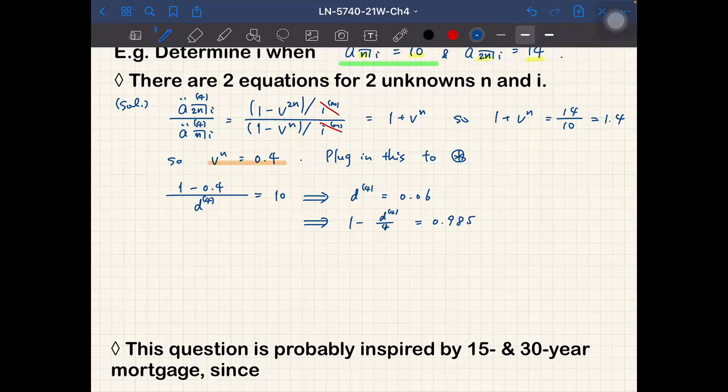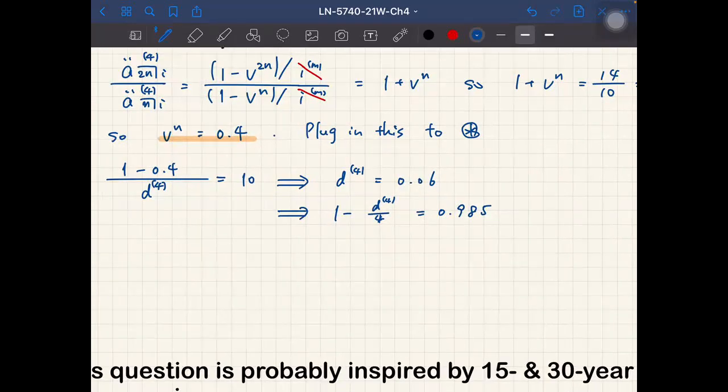Since d superscript 4 is equal to 0.06, that means basically every quarter we have a 1.5% discount. For 1 year we have 6% discounts, but this is the rate which compounds 4 times a year. So every quarter that we compound, we discount 1.5%.